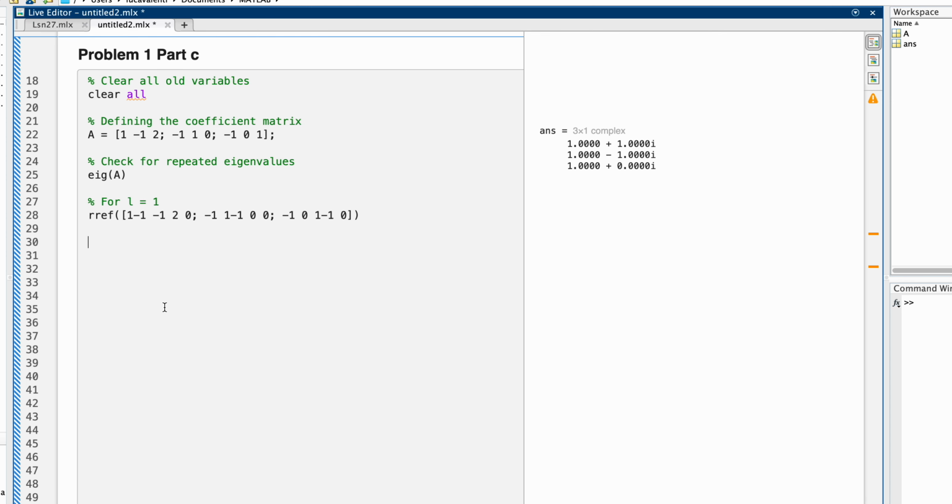Then I'm going to do the same thing for lambda equals 1 plus i.